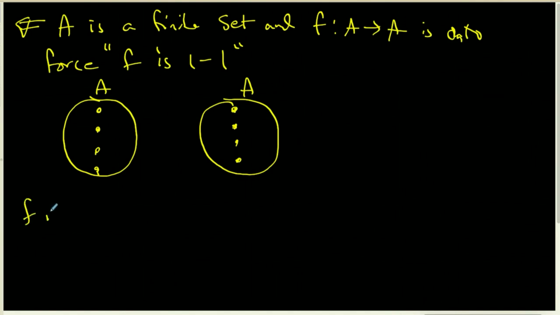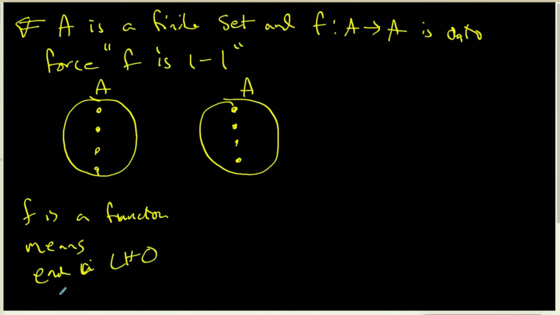Again, f is a function means each of the A's in the left-hand circle has exactly one outgoing arrow.